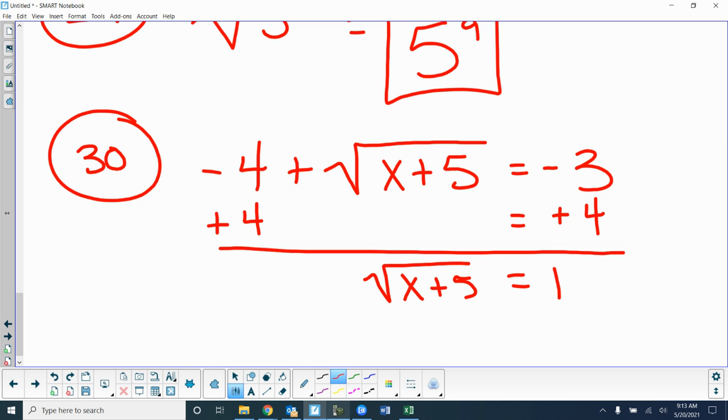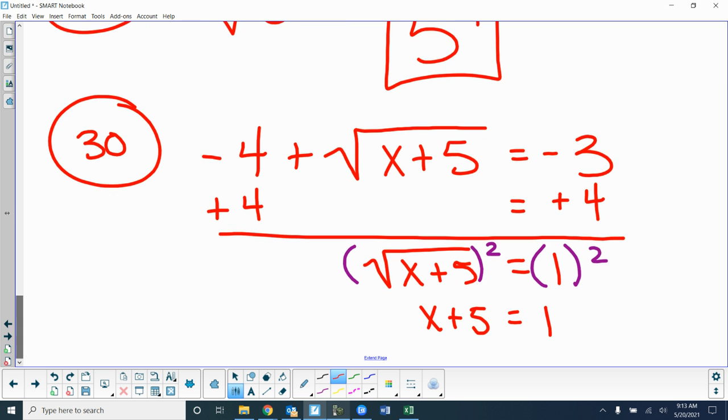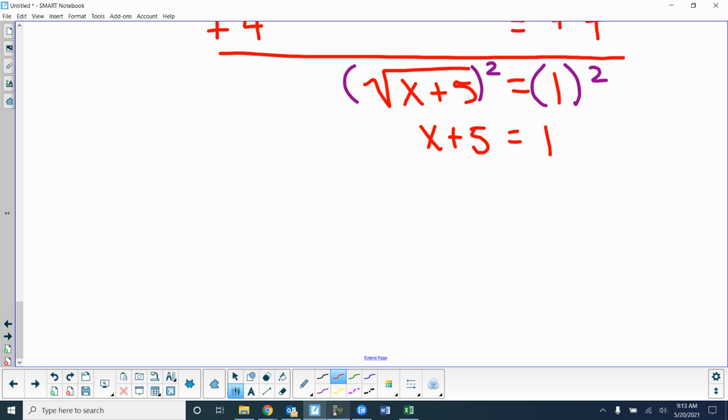How do I get rid of the square root part, Scott? Yeah. Just square it. Right? But what you do to one side, you got to do the other, so make sure you do it to both sides. So I get x plus 5, because the square and the square root part cancel each other out. Whatever's under there is what's left. And what's 1 squared? 1. Then what? Minus 5.